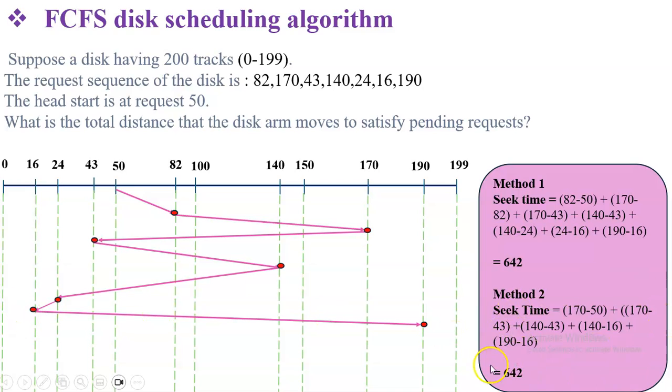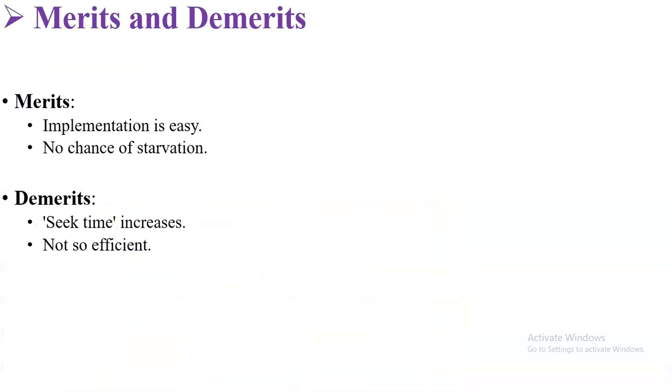If you check this, the answer is again 642. So whichever method you follow, the answer is going to be the same. But this second method is simpler and not prone to many errors, so you can use it while solving in the exam.